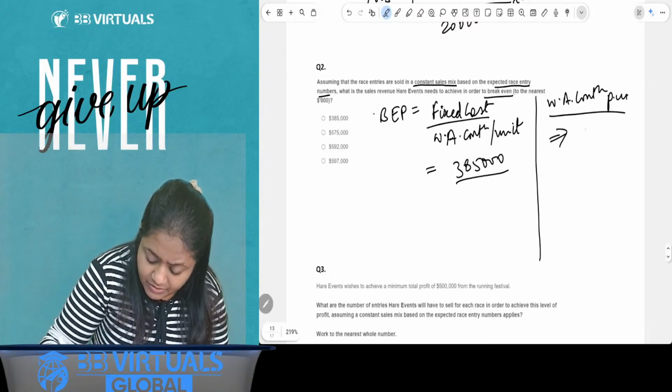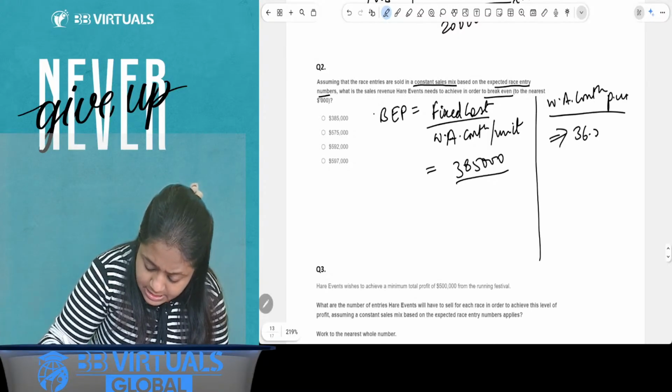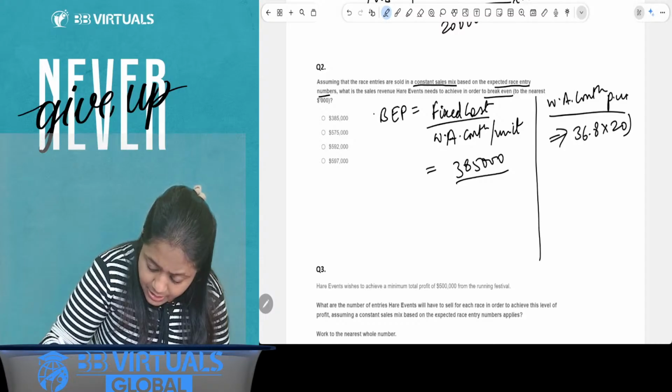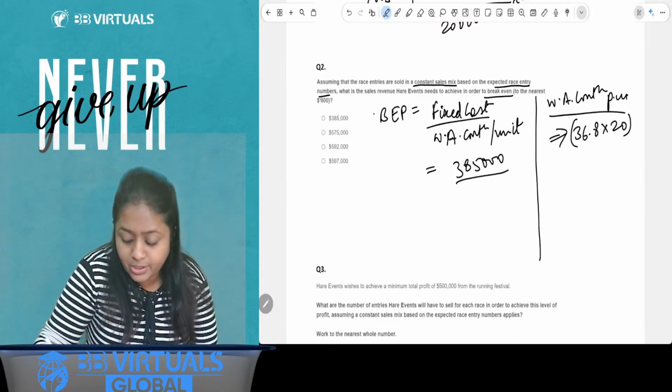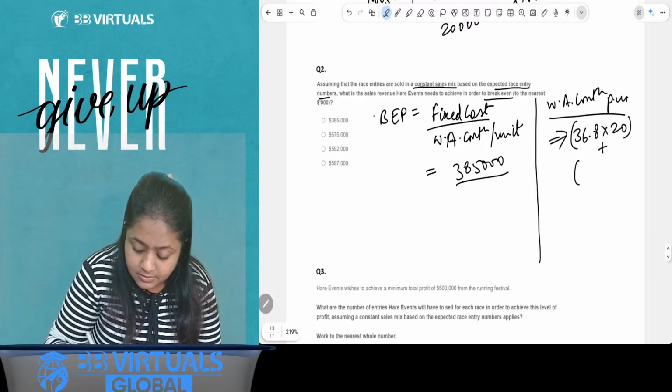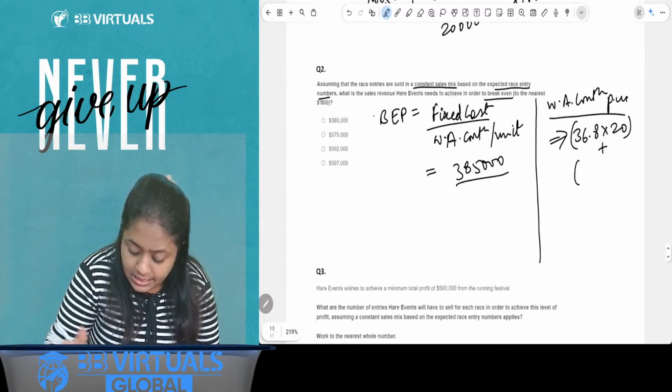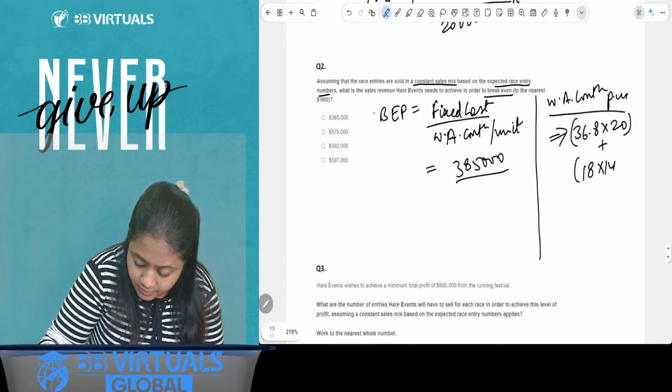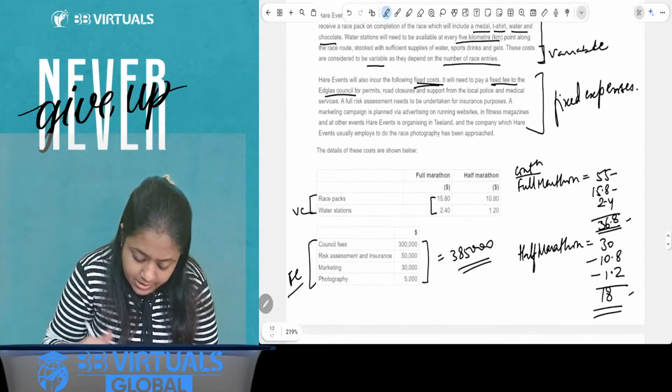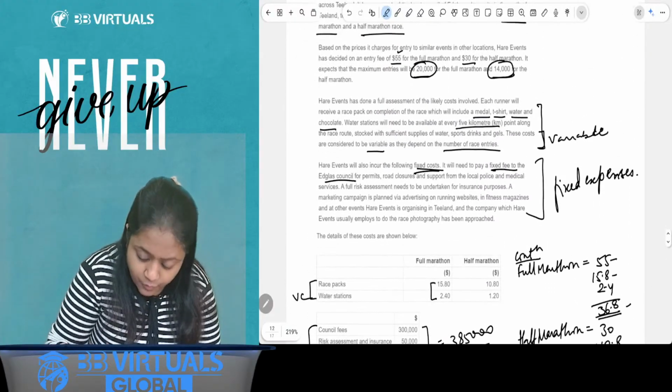Yeah, so my weighted average contribution will be 36.8 multiplied by 20. So instead of 20,000, I'm taking 20. Plus the other one was 18, 18 multiplied by 14. 20,000 and 14,000, so 14.